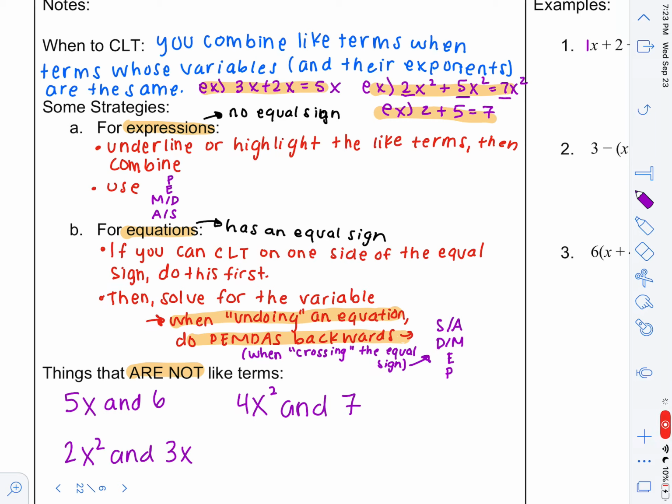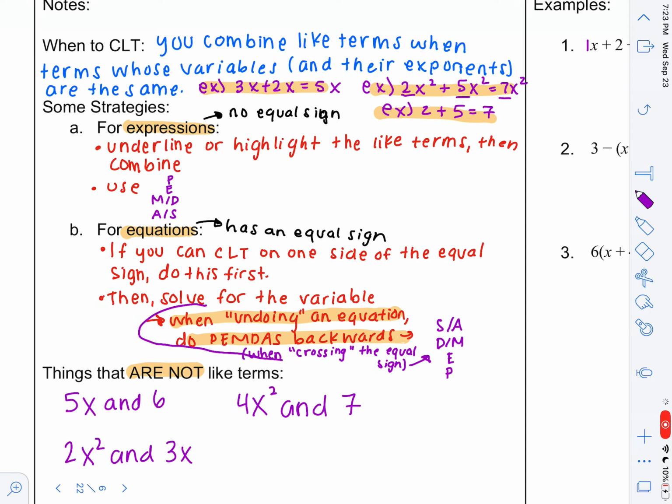And then for equations, equations have an equal sign. If you can combine like terms on one side of an equal sign, you're going to do this first. So on the left-hand side of the equal sign, for example, if you can combine like terms, do that first, and then we're going to solve for x or y or whatever the variable is.